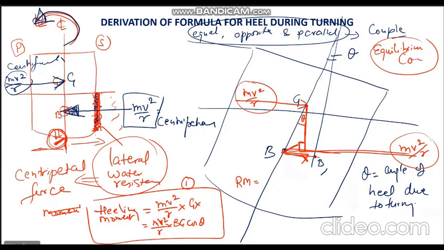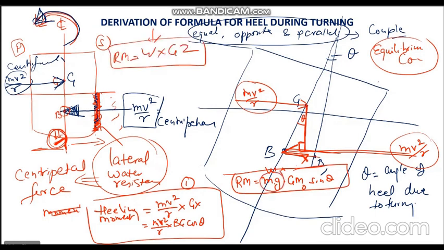If the mass of the ship is m, then its weight will be m into g. So the righting moment is weight multiplied by GM initial sine theta. This will be the righting moment of the ship in the equilibrium condition.